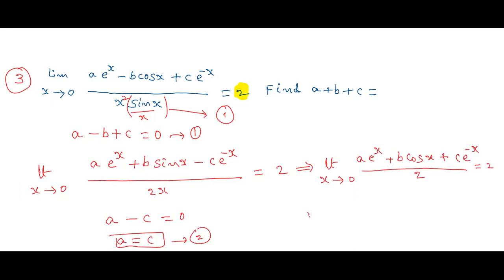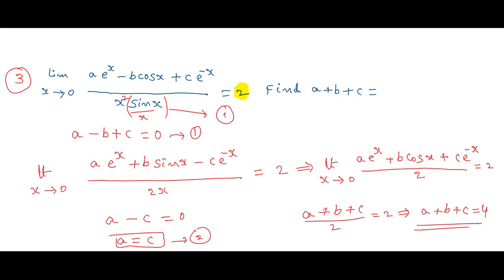Now apply the limit. Numerator we will get a plus b plus c, denominator 2, that is equal to 2. But we need to find only a plus b plus c. That means a plus b plus c value is 4. If you apply L'Hospital rule 2 times and then apply the limit, directly you can get the answer.